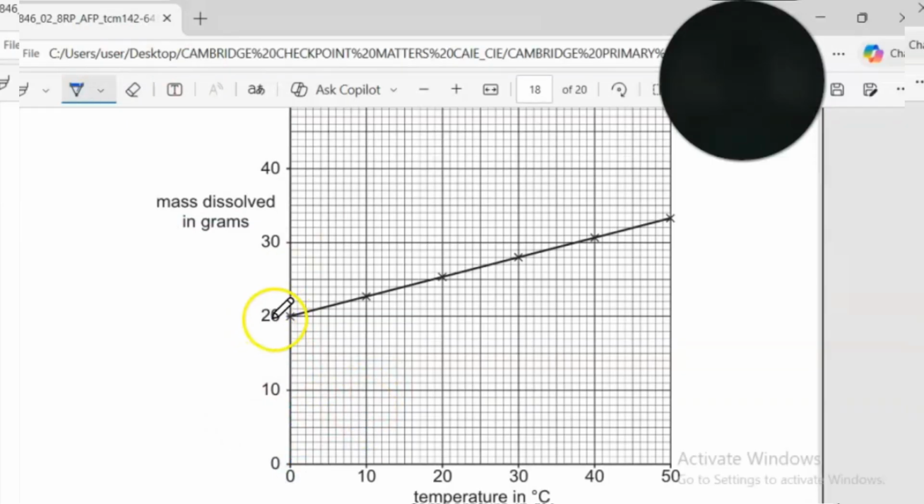At mass 20 grams, he recorded no rise in temperature, which is 0 degrees centigrade. Then at mass, let me trace this to the graph, it's broken lines.